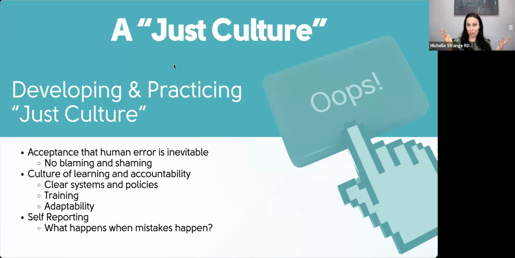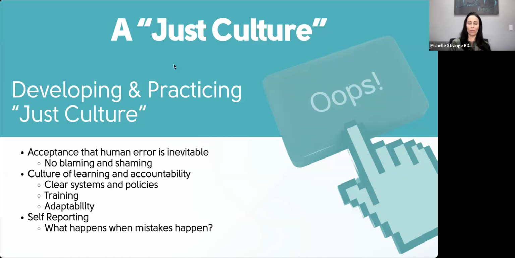If it happens more than once or twice, that's when I start getting spicy, because I have now put things into place, and I'm really trying to give them the space to learn and grow and communicate to me. I might get spicy when that doesn't happen anymore. But if I start shaming them or blaming them, I can guarantee I'm not going to have a well-oiled machine that is putting patient safety first.